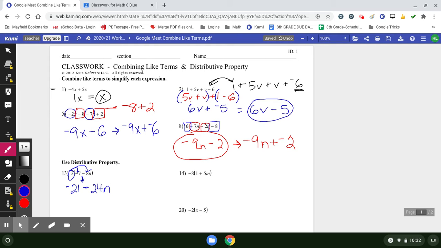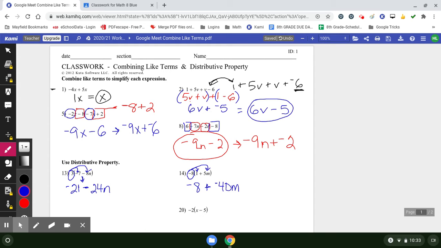For number 14, now we're distributing out -8. So I'm going to multiply -8 by both of those. -8 times 1 is -8. Now I can bring down the plus. -8 times 5 is -40m.